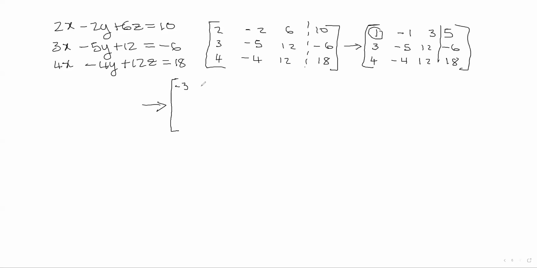Minus 3, 3, because it's a waste of writing. Normally you just do it in your head. Then it's going to be minus 9, and then minus 3 times 5. It's minus 15. Then we've got the 3 here, minus 4, 12, minus 6, 4, minus 4.